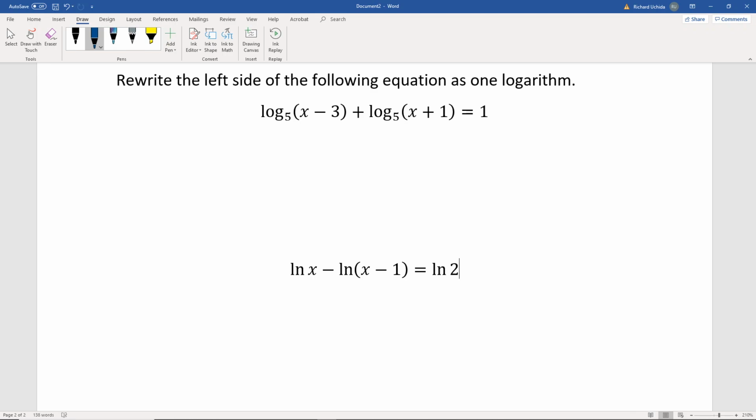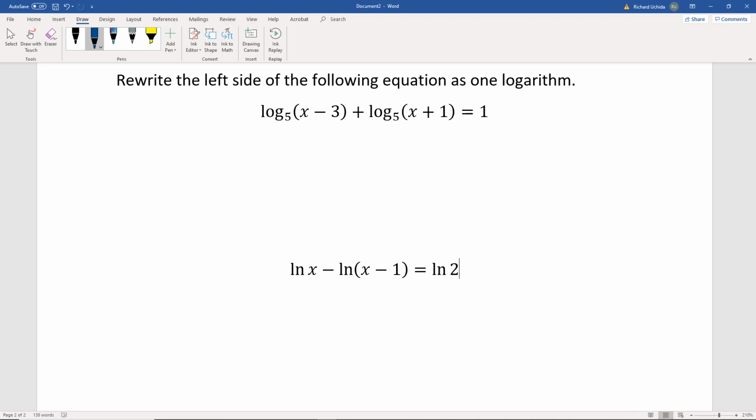So let's look at a couple examples where we have a logarithmic equation, but all I want to do is to rewrite the left-hand side of the equation as one individual log. Because right now we have log base 5 of x minus 3 plus log base 5 of x plus 1 equals 1. So right now we have two logarithmic terms on the left side. So let's combine those two logs into a single log by using the product rule for logarithms.